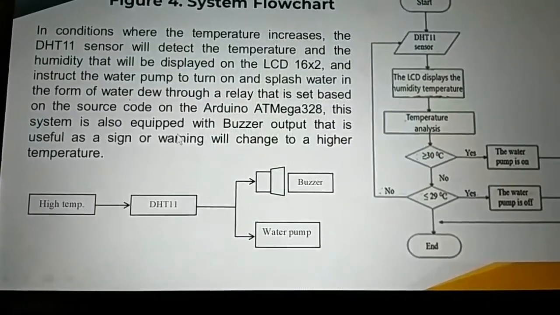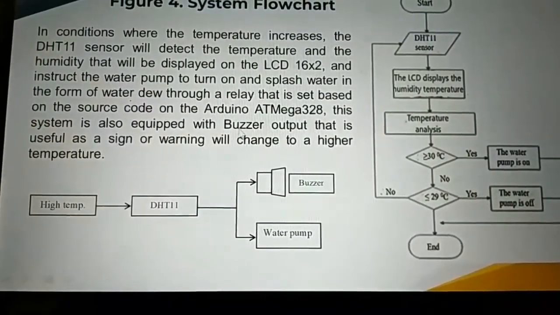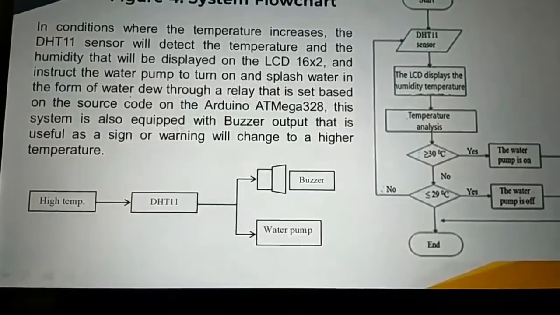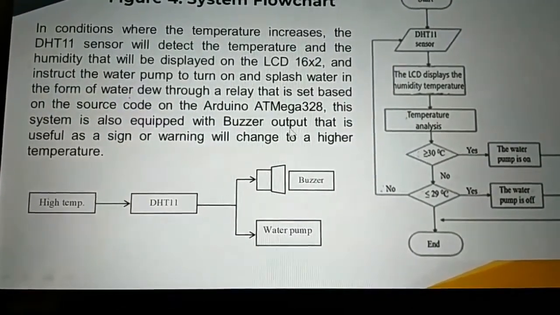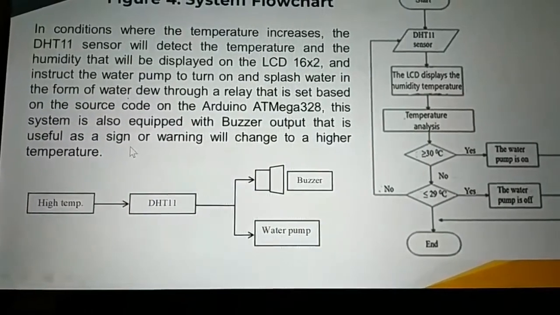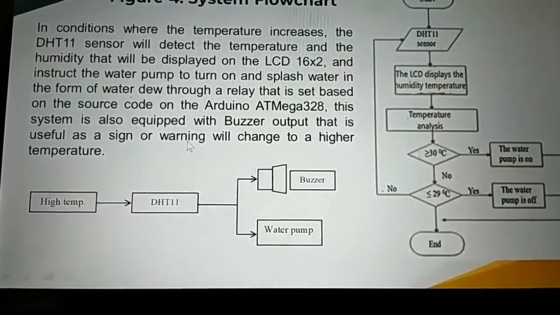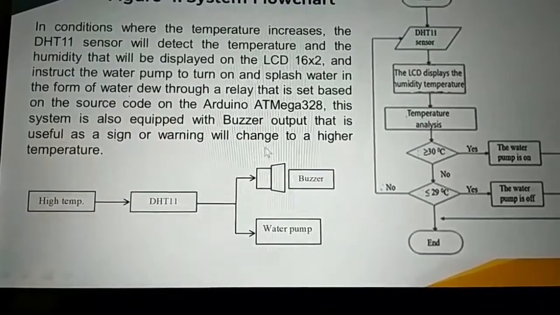This system is also equipped with a buzzer output that is useful as a sign or a warning of a change to a higher temperature.